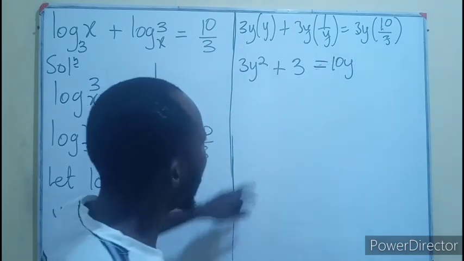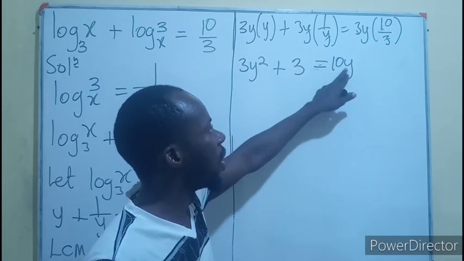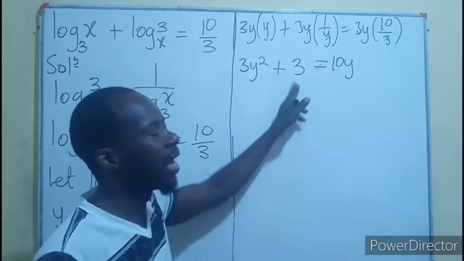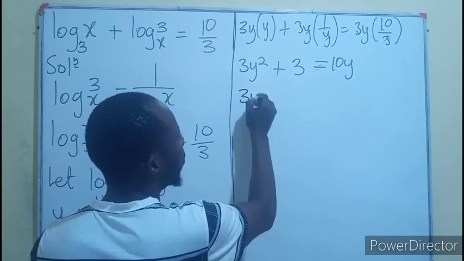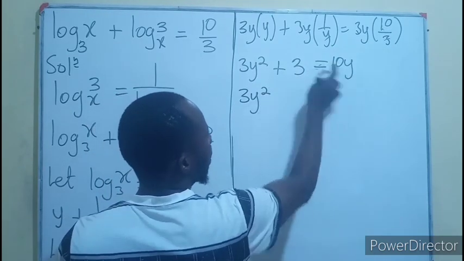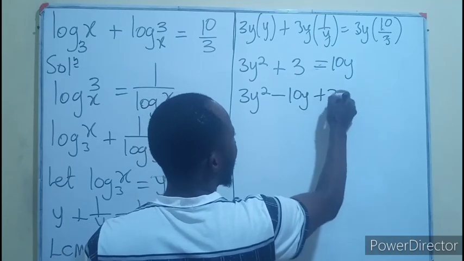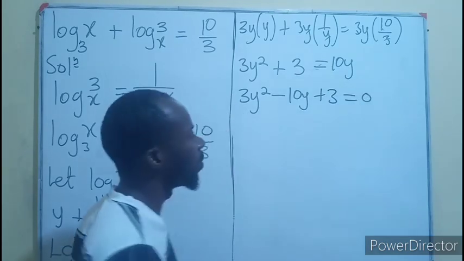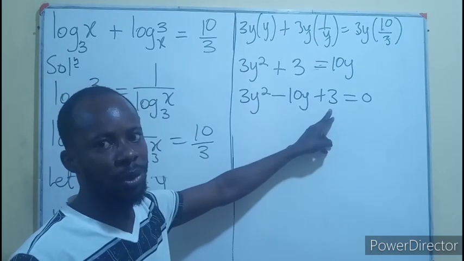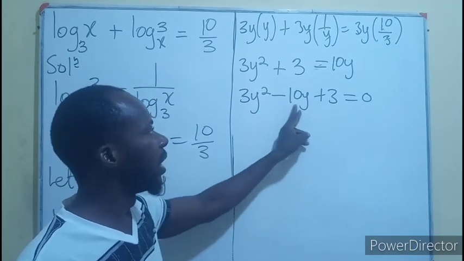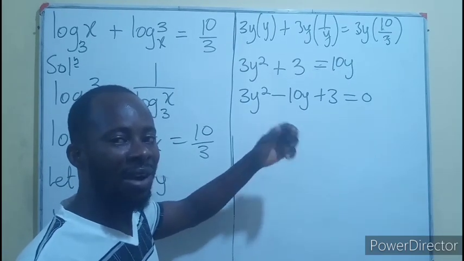Now we have y to the power of 2, y to the power of 1, and a constant. We can rewrite this as a quadratic equation: 3y squared minus 10y plus 3 equals 0. Now we look for factors of 3 times 3, which is 9, that when added give negative 10.